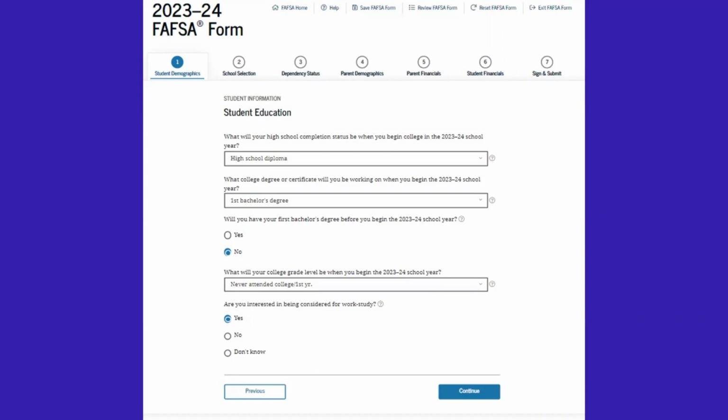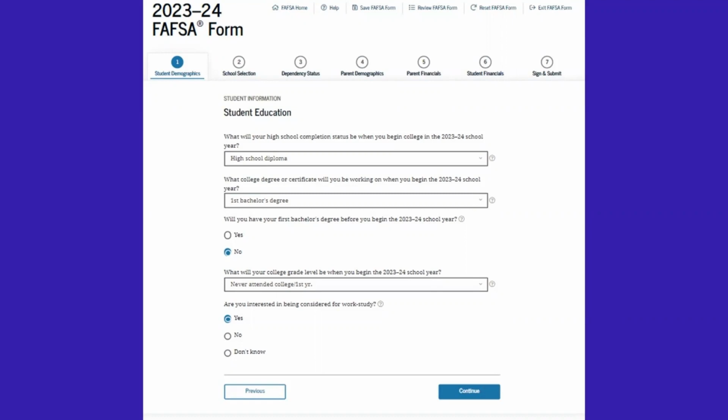And so it's really important in this, regardless of the fact that your student is going to be able to essentially skip freshman year with all their AP credits or dual enrollment credits. You need to say that they have never attended college, because technically, even though your student was taking college credits while in high school, they were officially a high school student.